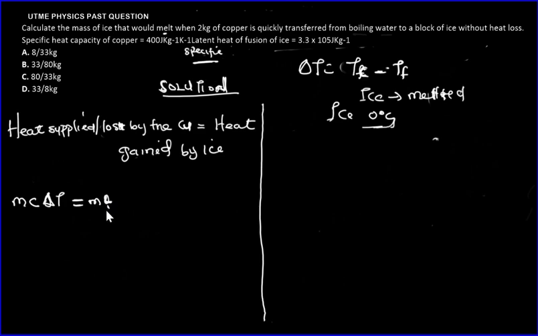This L, small l. So here we have the mass of copper to be 2 kilograms, right? The specific heat capacity of copper is 400 joules per kilogram per Kelvin, right?